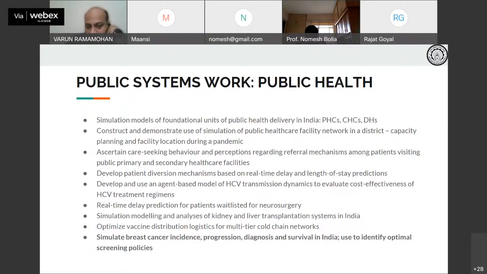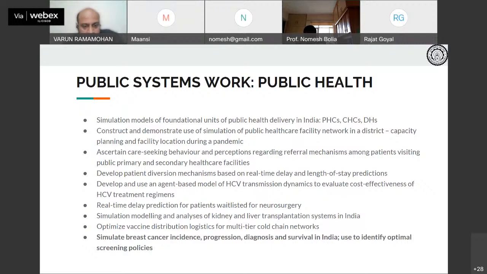We've also looked at vaccine distribution logistics for multi-tier cold chain networks. Some of this work is done with undergrads, but the first bits of work that I talked about, the PHC and CHC models, the referral mechanisms, the HCV model, and so on, all these things we work on with PhD students.